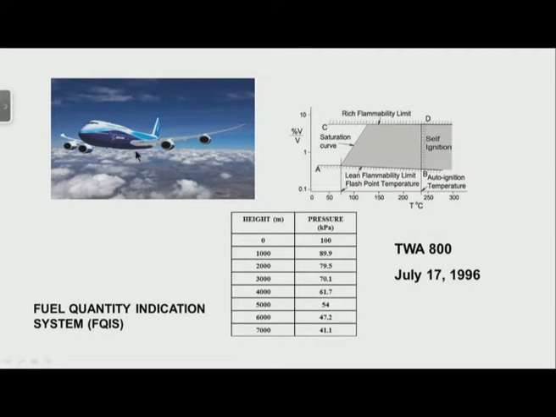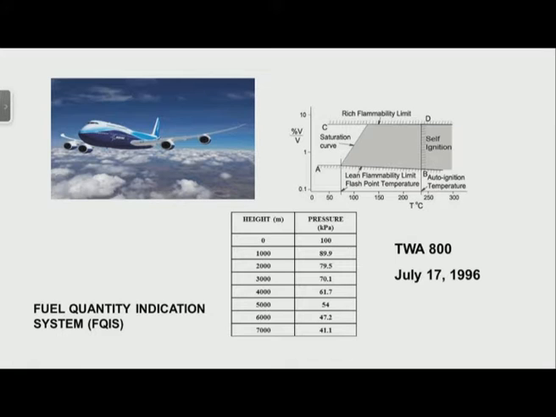When it takes off, nothing has really happened. The kerosene is at 35 degrees centigrade, vapor pressure is 600 Pascal, the takeoff is at sea level, New York, the ambient pressure is around 100 kilopascal.